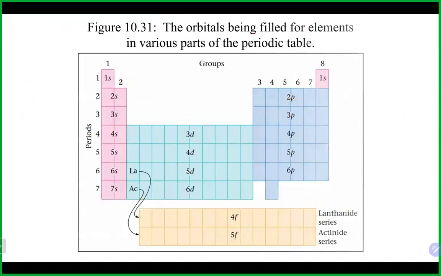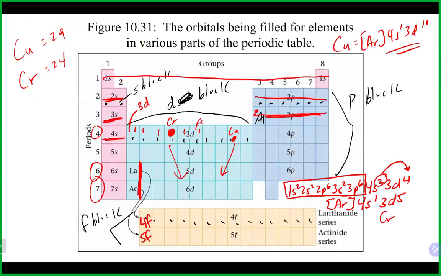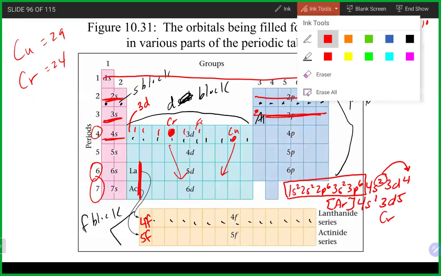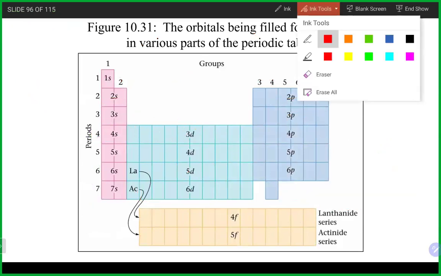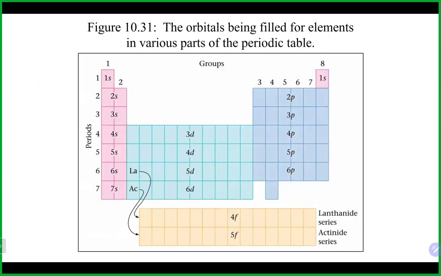So if we look back at this, whoops, where'd it go? We look back here, when we're talking about our transition metals and what's happening when they lose electrons, this is really where we're talking about starting all the way through here. It will always be these electrons here, the s electrons, that get lost first.